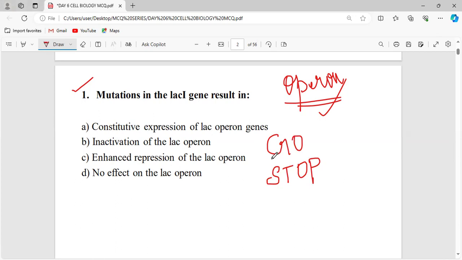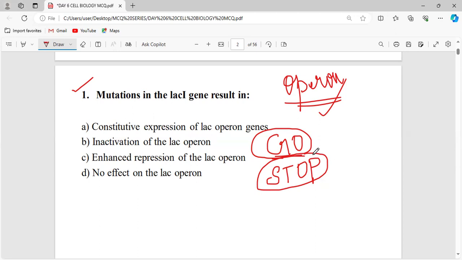We call the lac operon a go operon and the tryptophan operon a stop operon. Why? In the lac operon, whenever there is a substrate, here lactose, the operon will be turned on inside the bacteria.